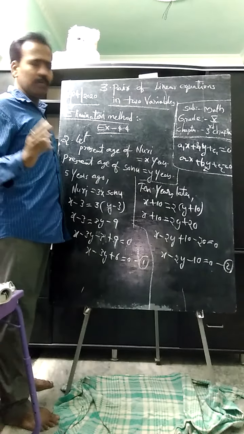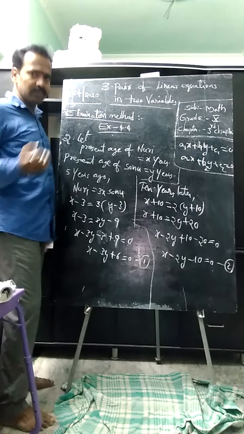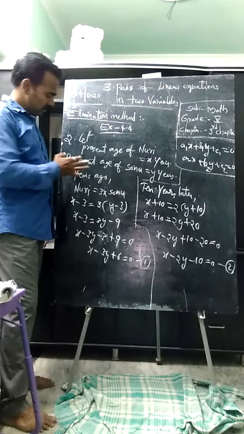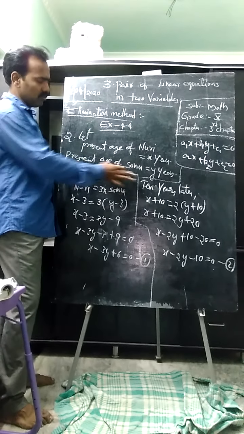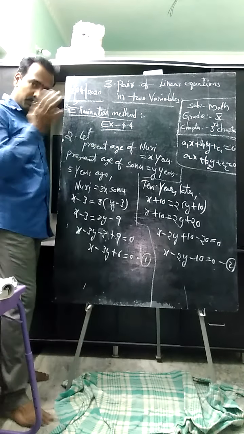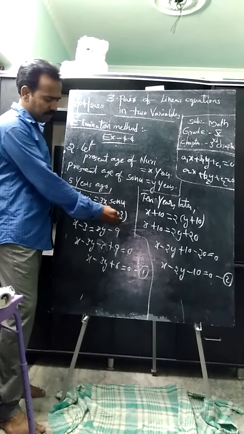Once again, I am repeating. As per the given problem, we don't know the age of Noori or Sonu. Let us consider the present age of Noori as x years and the present age of Sonu as y years. Then as per the given question, in the first condition, 5 years ago Noori's age is 3 times Sonu's age. So x minus 5 is 3 times y minus 5.